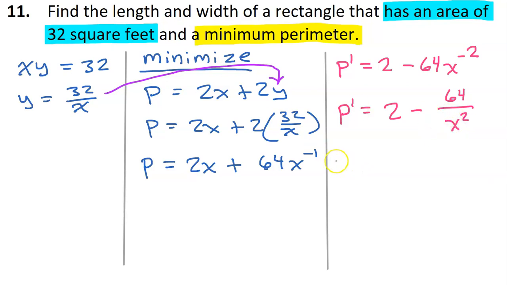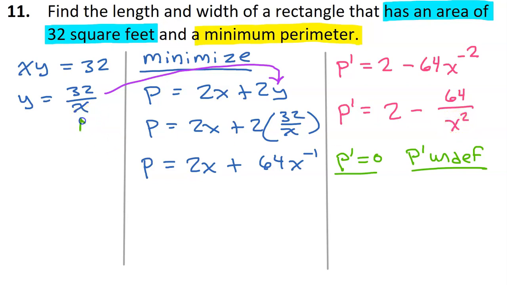Normally, I always say that the minimum perimeter will occur when p prime is equal to 0 or when p prime is undefined. However, just at a glance, I see that p prime will be undefined when x is 0.